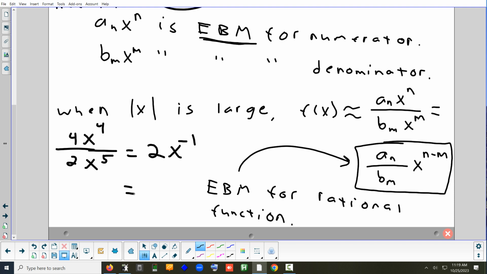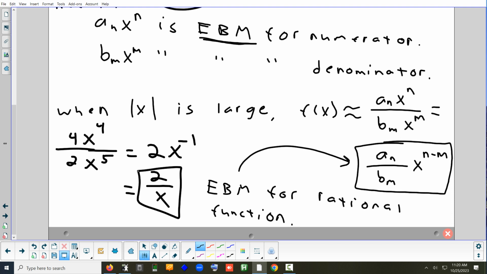X to the -1 means that the x should be where? Yep, on the bottom. So what I'm going to be looking for is that. So if that was your highest degree term at the top, and that was your highest degree term at the bottom, this would be the end behavior model. You just divide them.